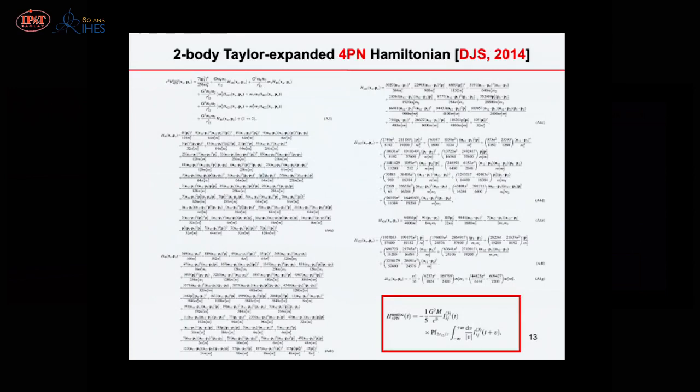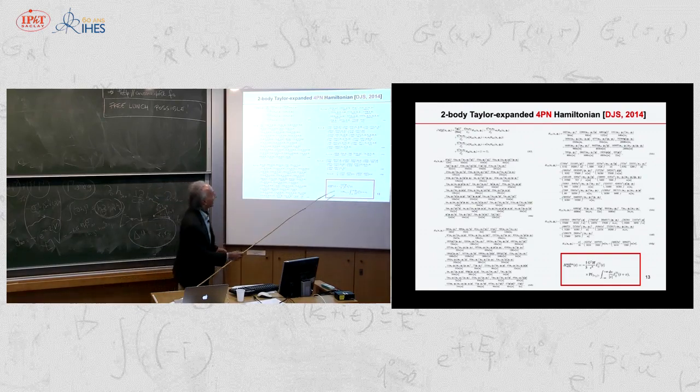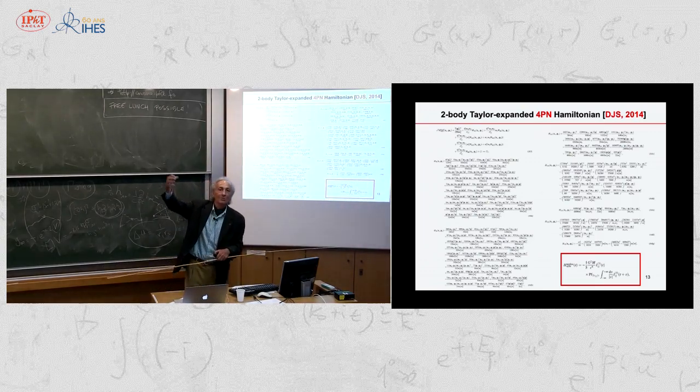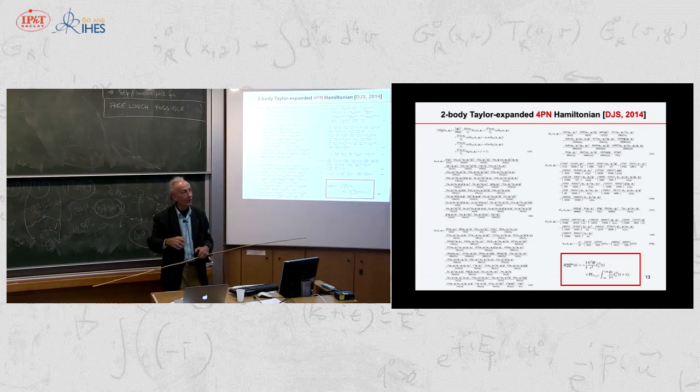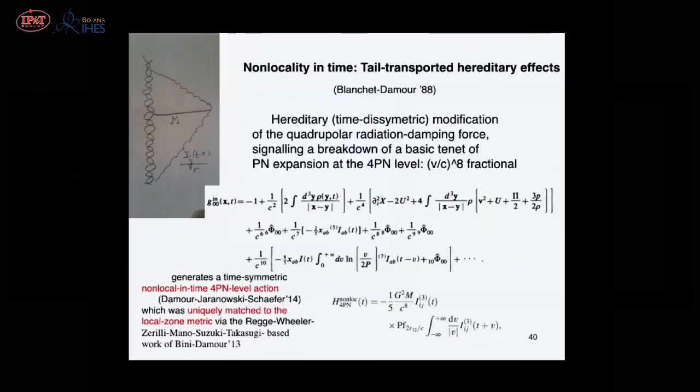Let me, to finish this in the last minute, say that here, this is the Hamiltonian in the post-Newtonian sense at four loops. All the terms here are algebraic. You cannot read them, but they are complicated polynomials, p to the 12, things like that, 1 over r squared. But there is a term in this which is an integral.